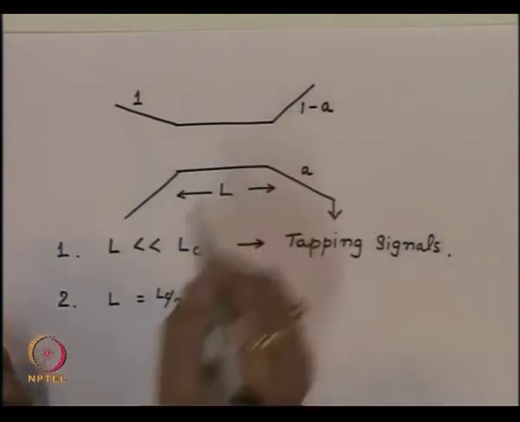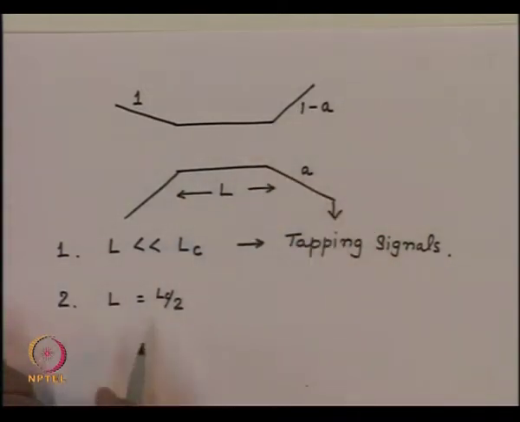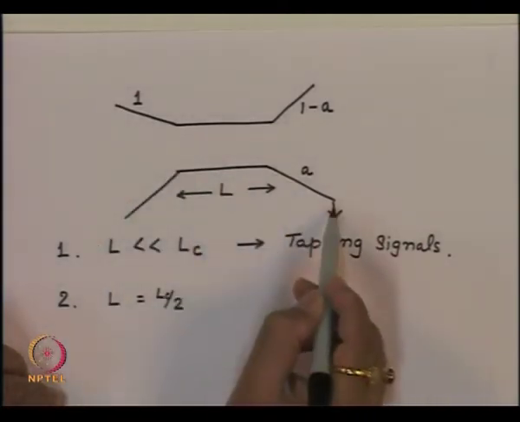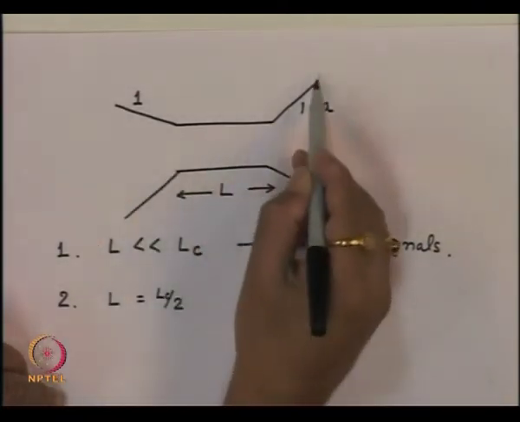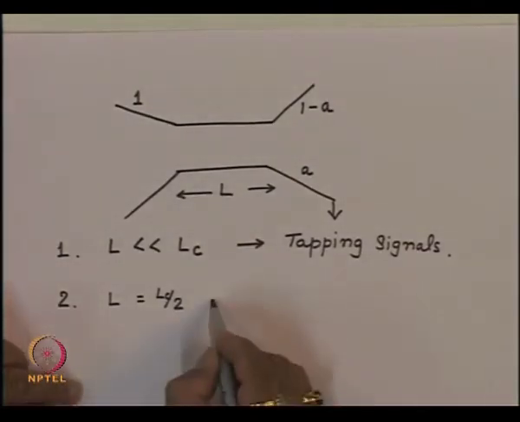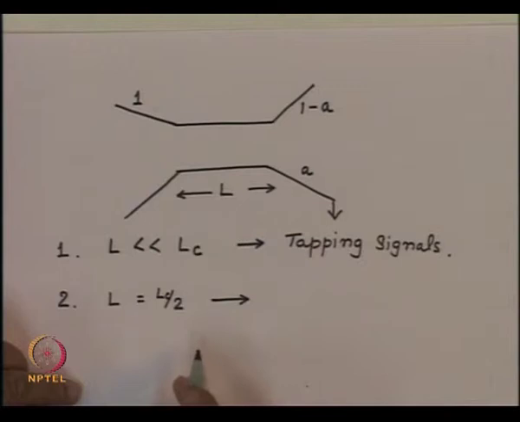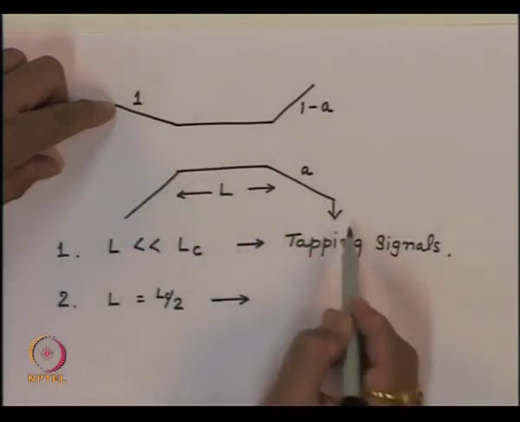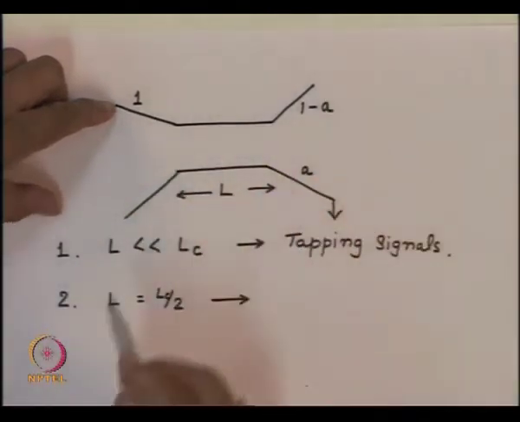Now the power cannot go back, it will remain with this. So essentially half power appeared here and half power remained with the original waveguide. In this case, we got a device called the power divider, because whatever power is coming here, half the power is coupled to this port and half the power is coupled to this port.